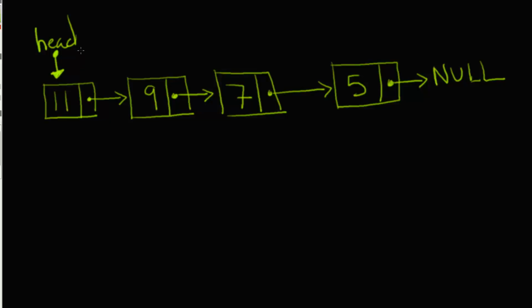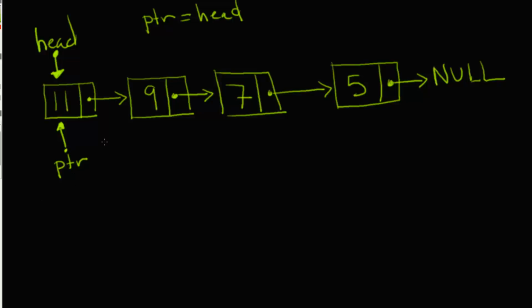But then if you recall, we also created another pointer called ptr, and that one was also pointing to whatever head was pointing to. Because remember, when we first created it, we did ptr equals head, so that whatever address is in head is also here.